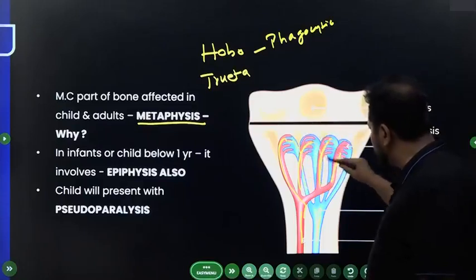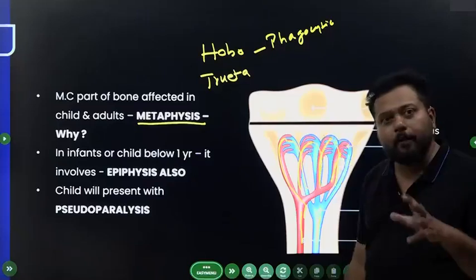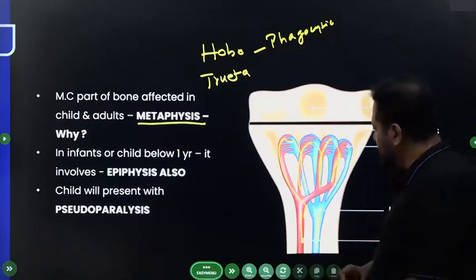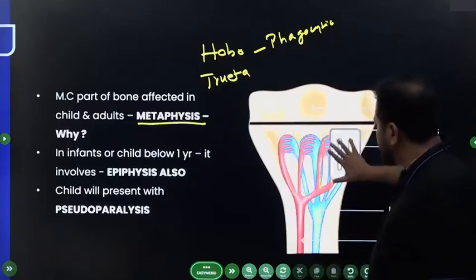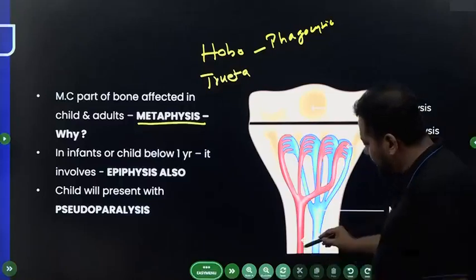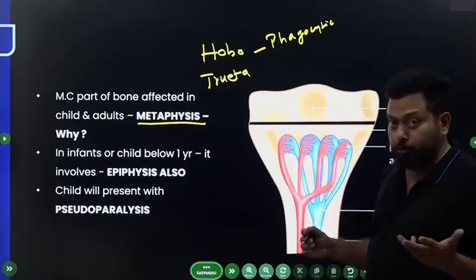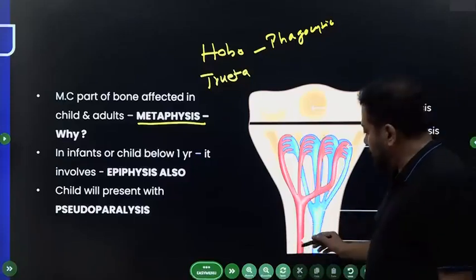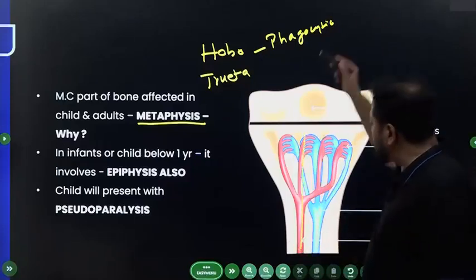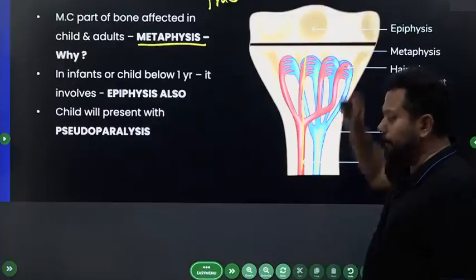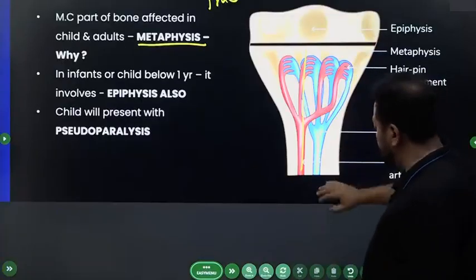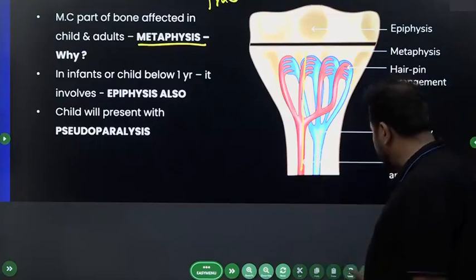So, totally this forms hairpin bend like vessels in the metaphysis. Just imagine, dear friends, if it is a straight artery like this, when an organism is being carried in the blood, I said the spread is hematogenous, it can go speedily like that.